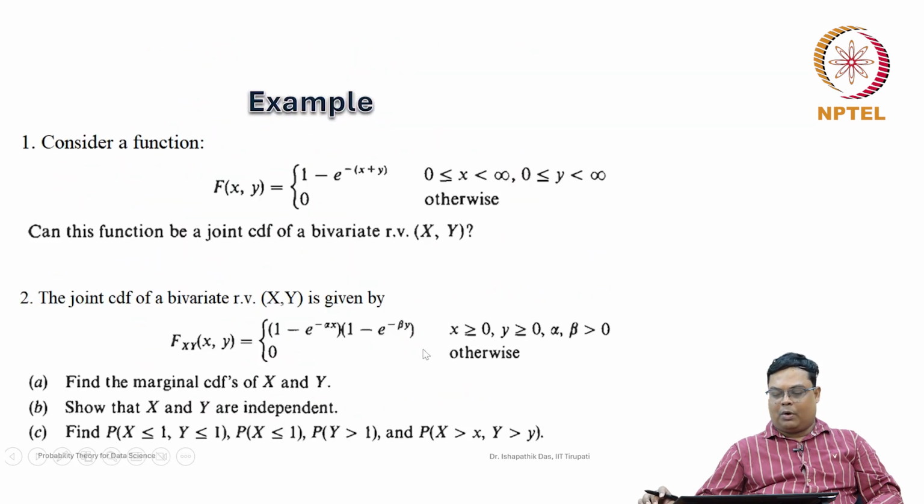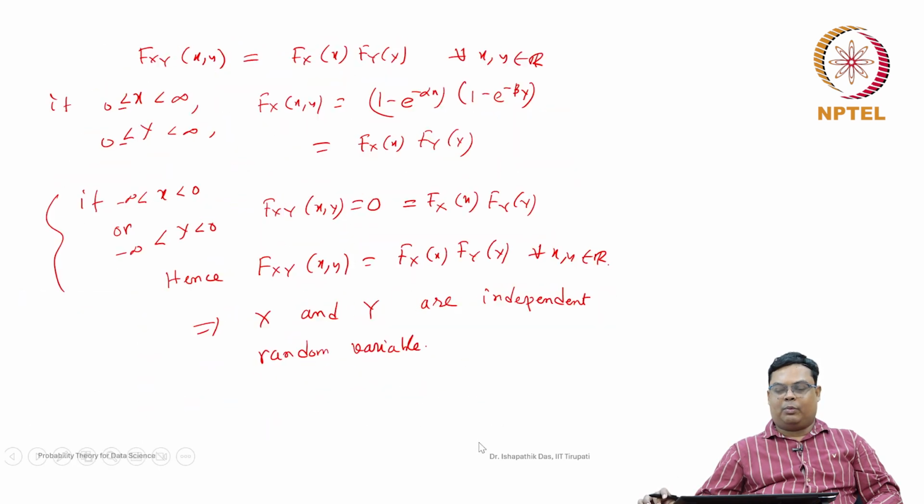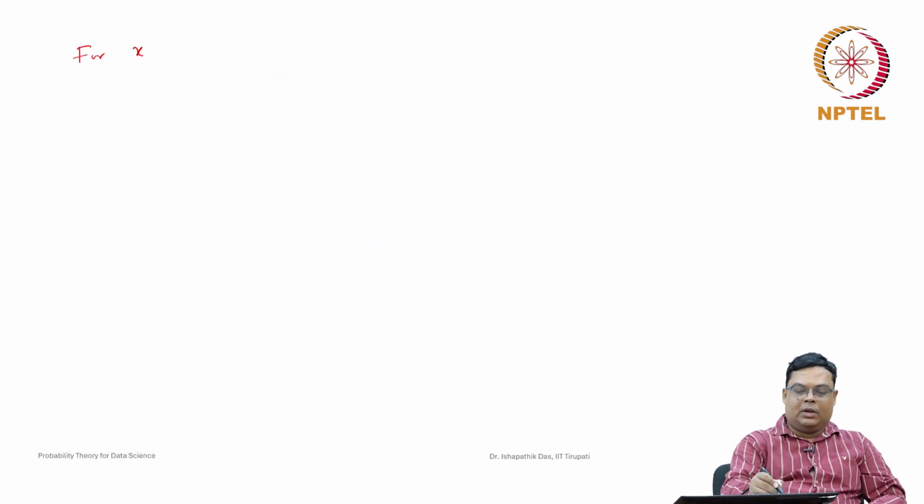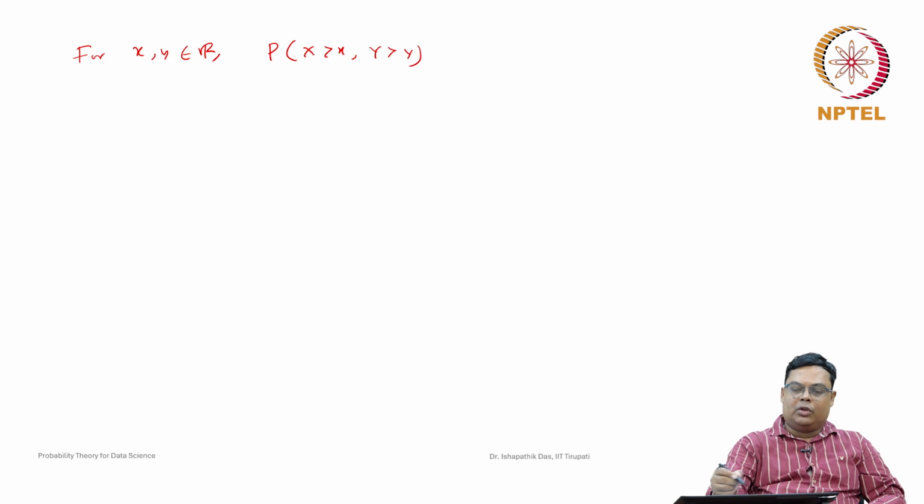Next problem is to find the probability of X greater than small x, Y greater than small y, where small x, small y are two real numbers. For x, y belonging to the real numbers, find the probability that X greater than x, Y greater than y. Note that it is not just the complement of X less than or equal to x, Y less than or equal to y.